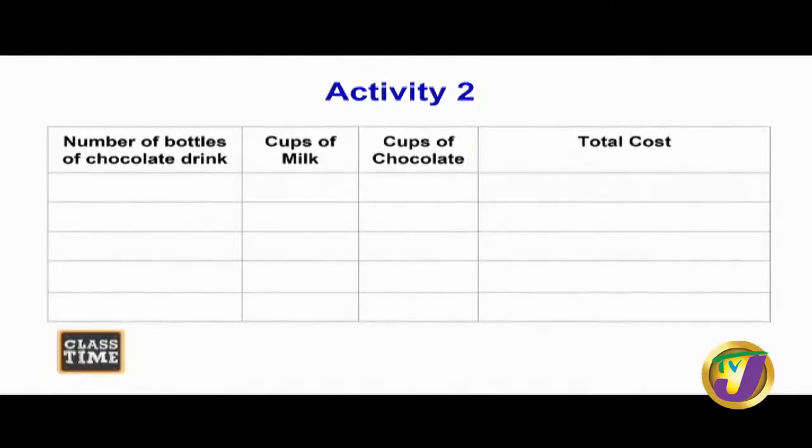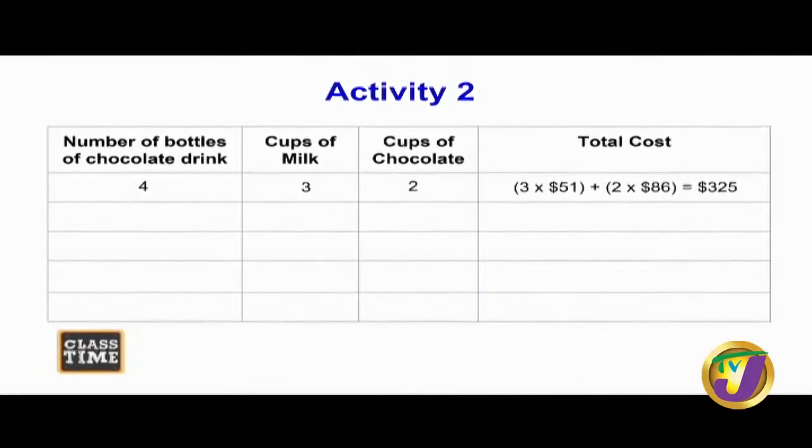All right, so I have an outline of a table here. We're looking at the number of bottles of chocolate drink, the cups of milk used, the cups of chocolate used, and how much money to make those bottles of drink. We were already told that to make 4 bottles of chocolate drink, we need 3 cups of milk and 2 cups of chocolate. And they gave us a unit cost for each cup of milk and chocolate.